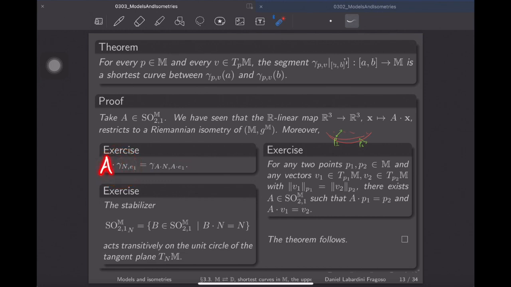And applying A preserves the length. Applying A to this curve preserves the length, and applying A to any other curve preserves the length of that other curve, which was already greater than the length of this one. So at least when my vector is chosen with norm 1, this is indeed a shortest curve.